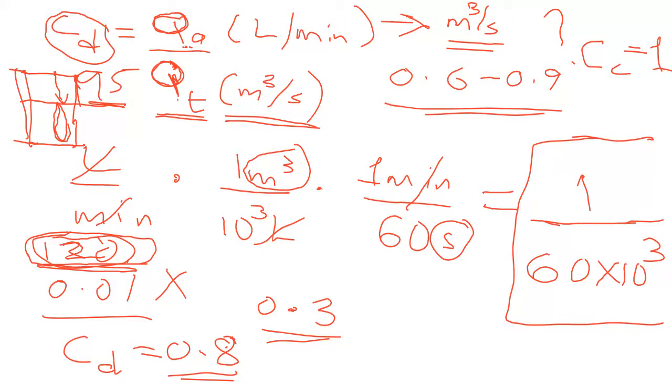Is it clear? So this is one of the comments that I want you to explain when I ask you to comment on the value of the coefficient of discharge. So try to relate. You can simply tell me the coefficient of discharge is like an indirect measure of the efficiency of the hydraulic structure. So the closer it is to 1, the better.